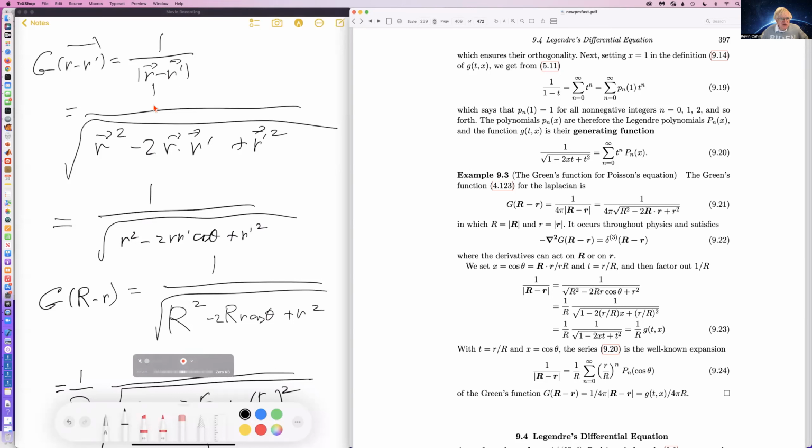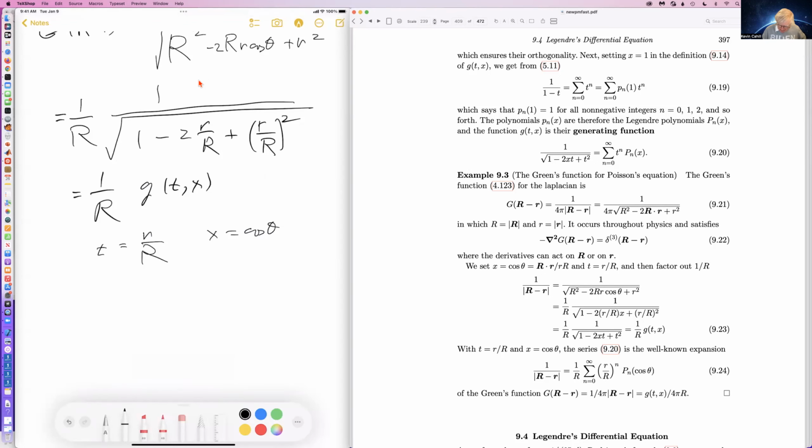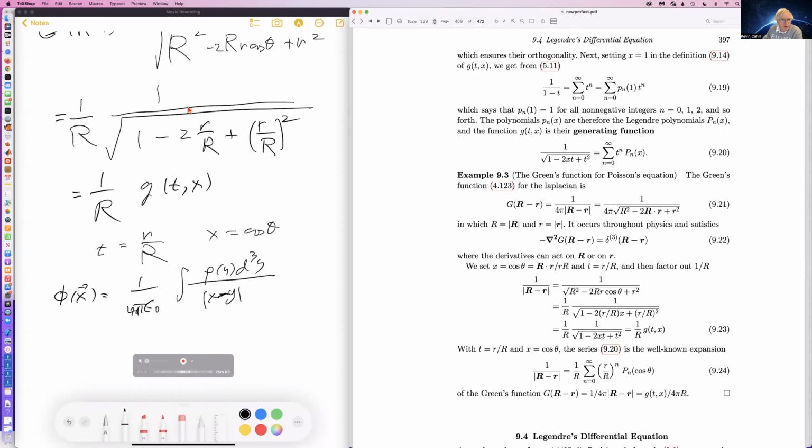And so you have this structure all the time. In other words, you have something like this: phi of x is equal to, I think I'm getting the signs and the pi's right, the integral of rho of y d cubed y over the absolute value of x minus y.